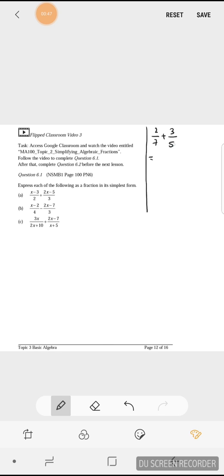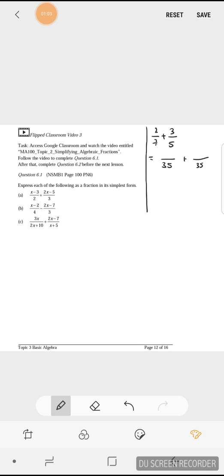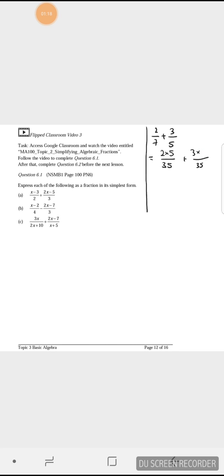You will find the LCM of 7 and 5, which is 35. So your denominator would be 35. And in order for this to be 35, you're going to multiply by 5 in the denominator, so you must also multiply 5 to the numerator. And for 3 over 5, since you're going to make the denominator 35, you're going to multiply the numerator with 7.